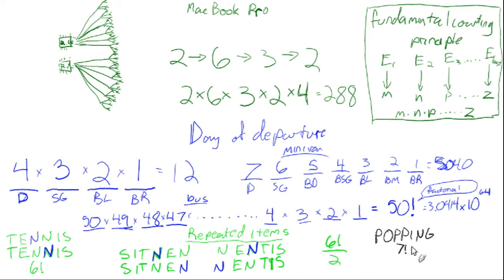But 7 factorial, if it's a thinking thing, it thinks that this P and this P and this P are 3 different P's. So every time it gets a hold of a word like popping, it will take all 3 of those P's and rearrange them however many different ways that they can be arranged. Right? This is the simplest way to think about it.